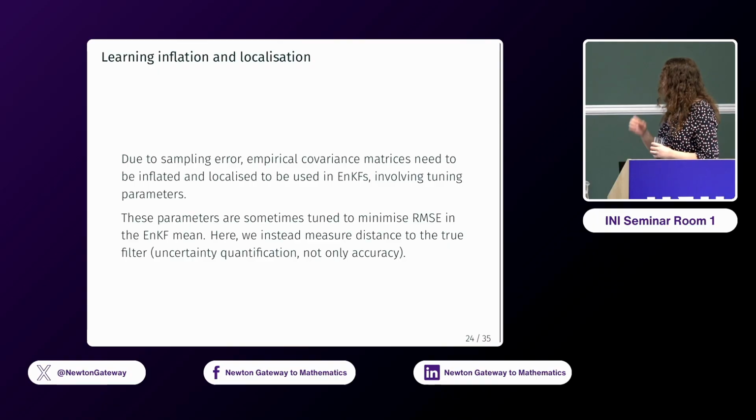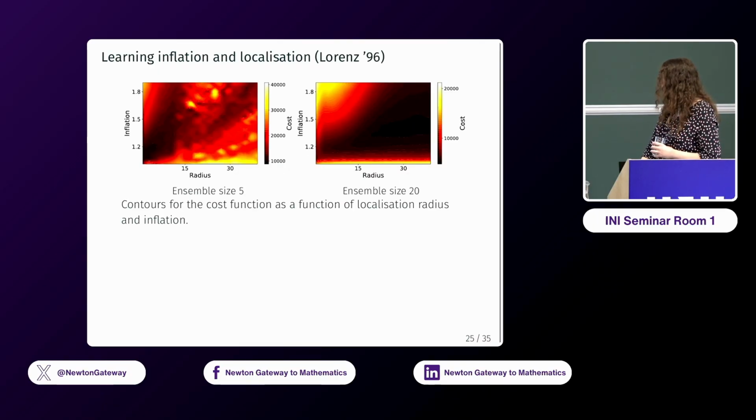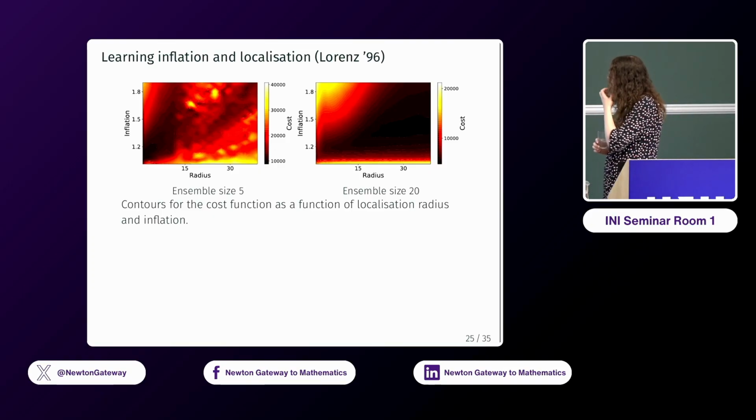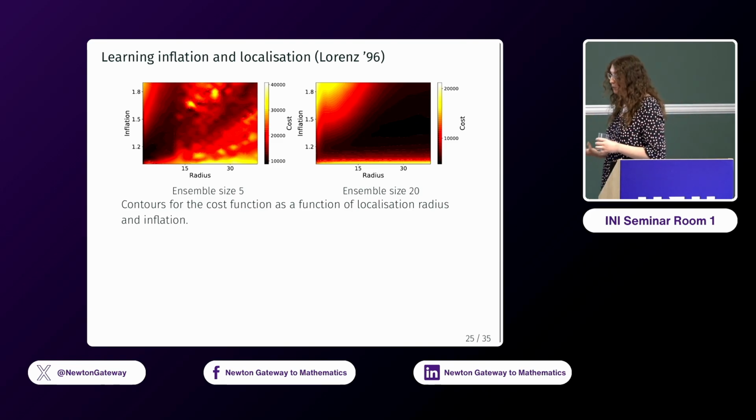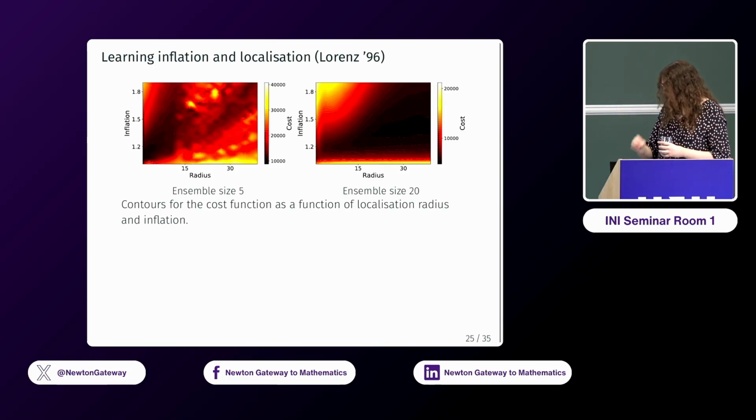We can also tune methods like the ensemble Kalman filter. Here we tune the inflation and localization parameters, and we can have this cost landscape where we can see, as a function of ensemble size, what the optimal values of these parameters are in a probabilistic sense.